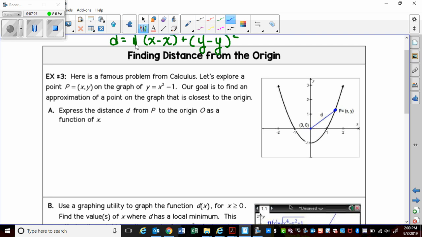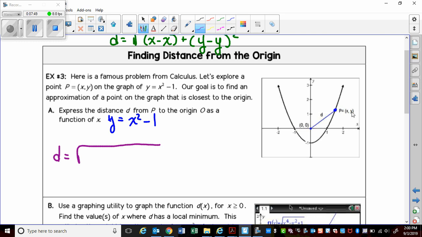What we're going to do is use the distance formula, express the distance from P to the origin as a function of x. Just remember that this function is y equals x squared minus 1. I'm going to write down this formula as much as I can, substituting in the things I know.